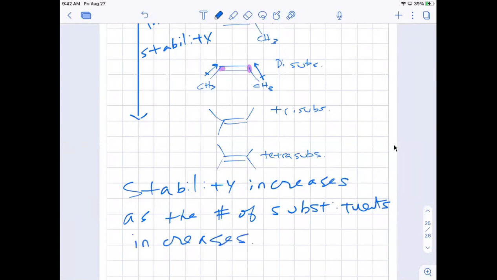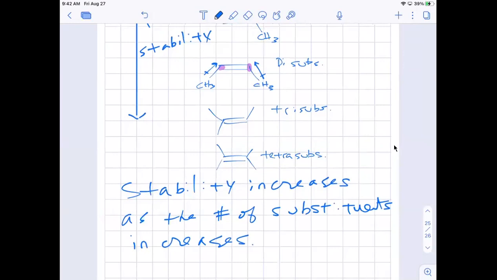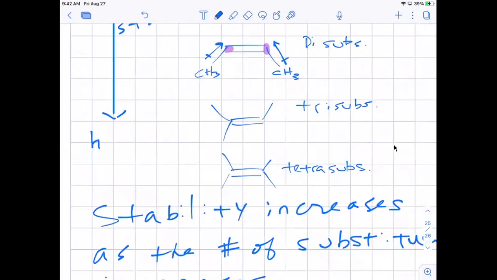Right, so as the number of substituents increase, so does the stability. And it's based on that idea, almost like it's similar to what we learned about carbocations. Do y'all remember the term? Probably not. Well, maybe, let me not underestimate you.